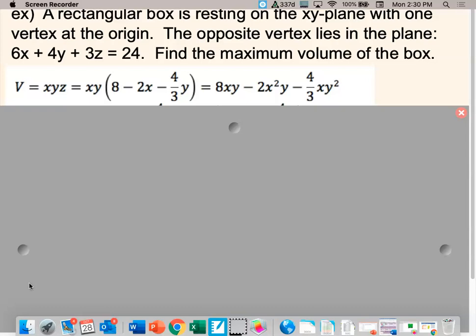So for this to equal 0, either y has to equal 0 or this has to equal 0. For this to equal 0, either x has to equal 0 or this has to equal 0. So you end up with the ordered pair 0, 0 from this part, and then whatever you get from this system. 0, 0, what kind of a volume is that going to give you?